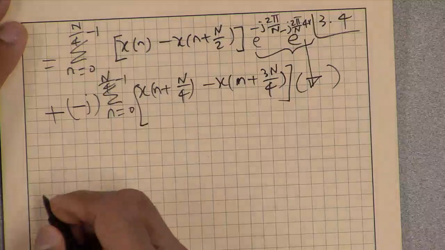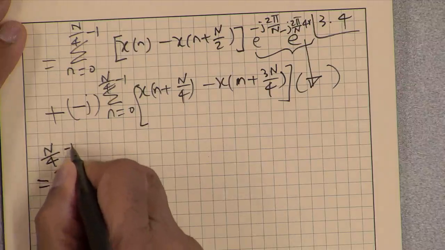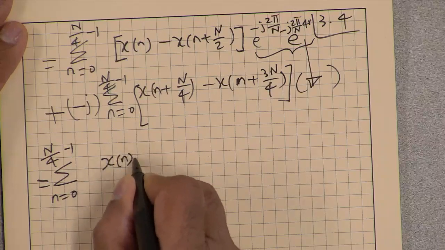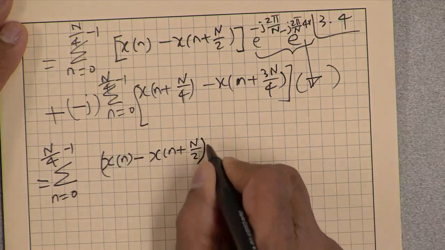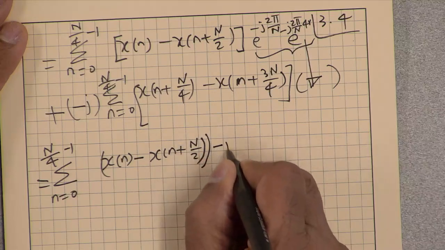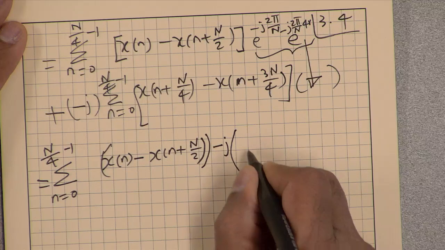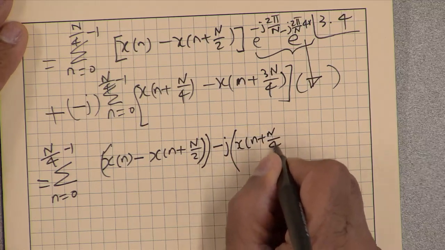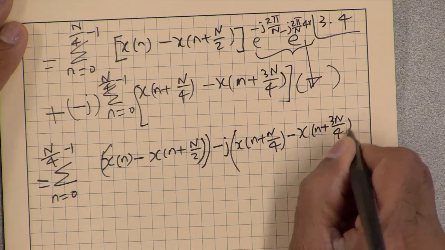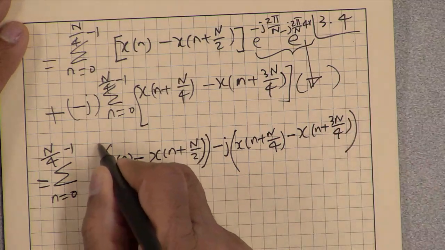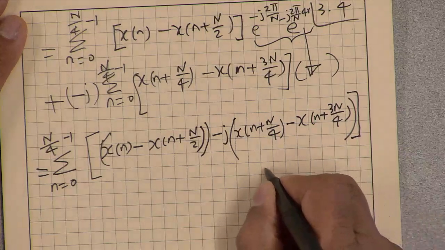Then we could write this whole thing as the sum over n equal to 0 to n by 4 minus 1 of xn minus xn plus n by 2, minus j times xn plus n by 4 minus xn plus 3n by 4, multiplied by e to the power.